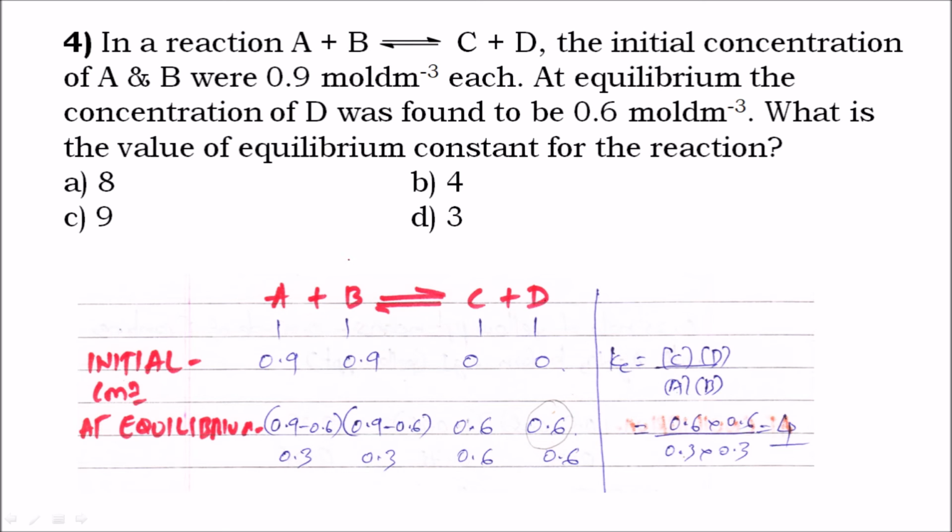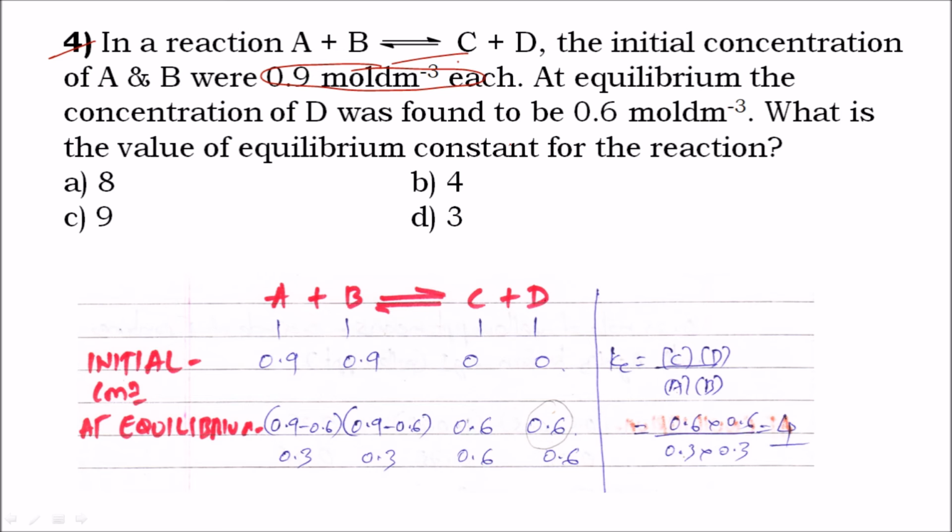Let's take the next one now, the fourth one. Let me read it again first. In a reaction A plus B giving C plus D in equilibrium, A and B are in equilibrium with C and D. The initial concentration of A and B were 0.9 mole per dm cube each.